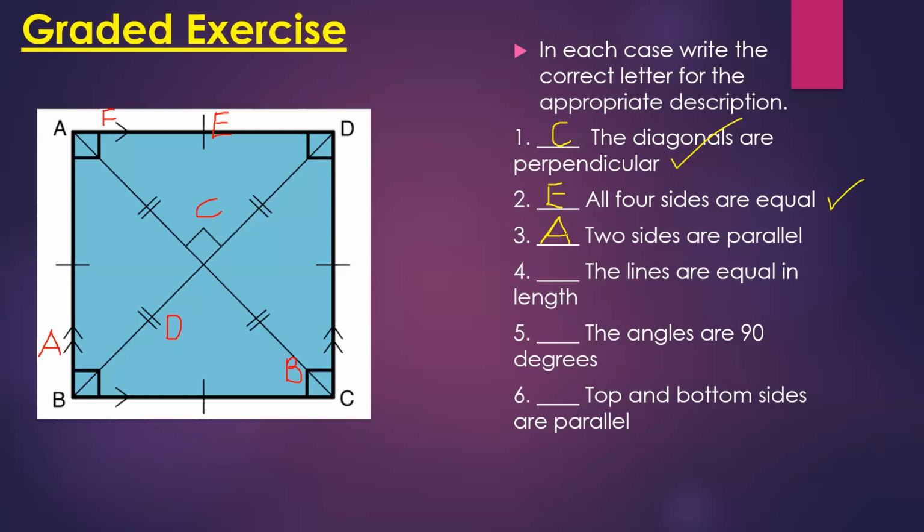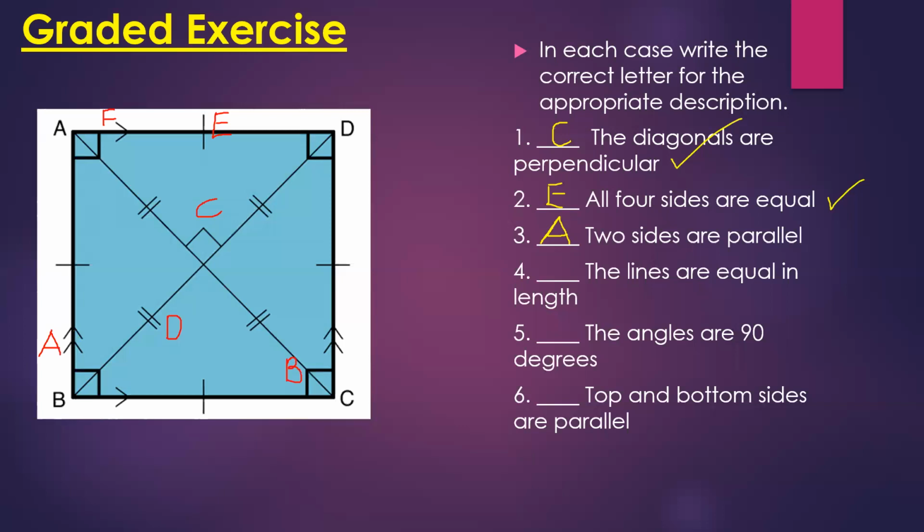Okay, awesome. A is showing what, Mr. Petit? A is showing the double arrows. Two sides are parallel. So why do I have single arrows in my notes? Oh, the single arrows and the double arrows both show parallel.